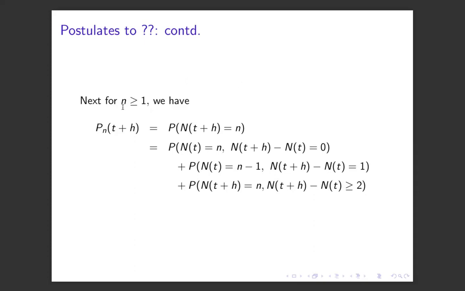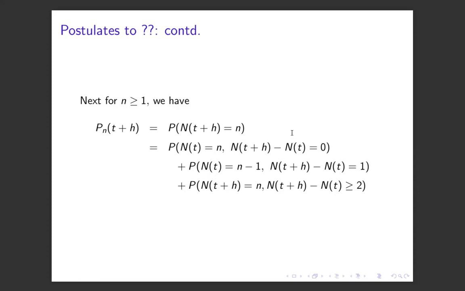So for n greater than or equal to 1, the integer, P sub n of t plus h, which by definition is the probability that N of t plus h equals n. This event, if it were to occur, we are splitting it into 3 possibilities. All the n events have occurred up to t, and in the interval t to t plus h, there is 0, no arrival in this interval.